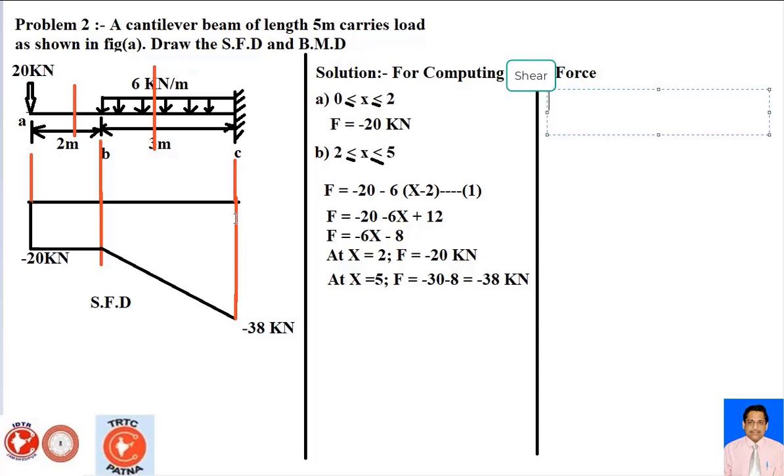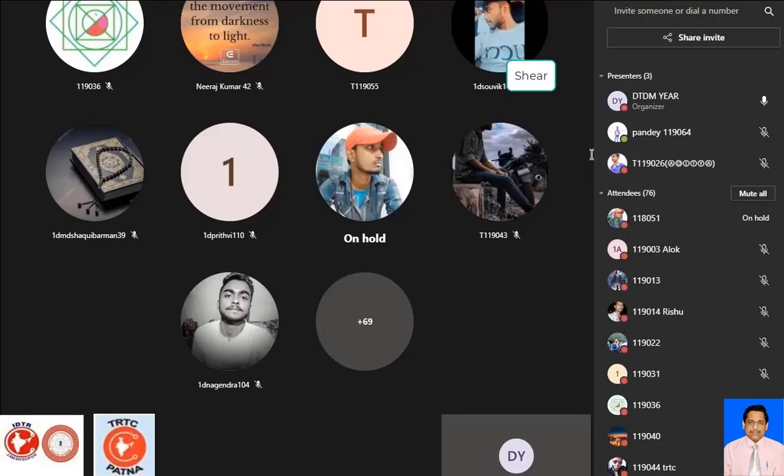So just you have to observe this problem. What is the maximum value at your fixed end? Okay. So then next come to computing your bending moment.